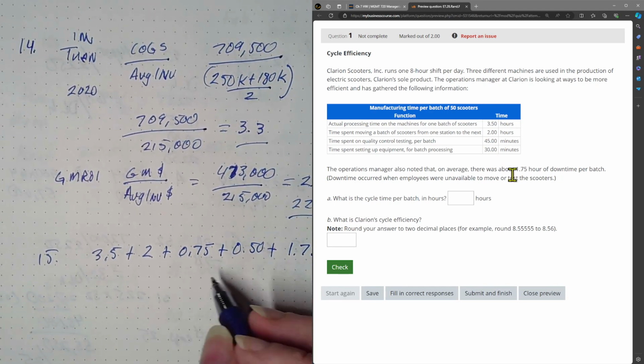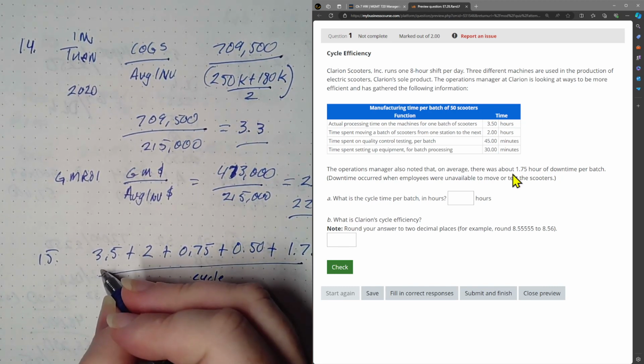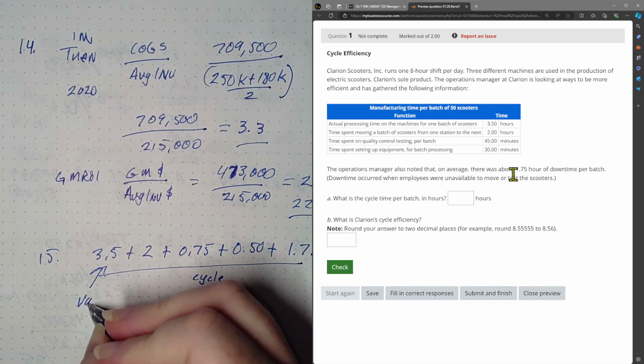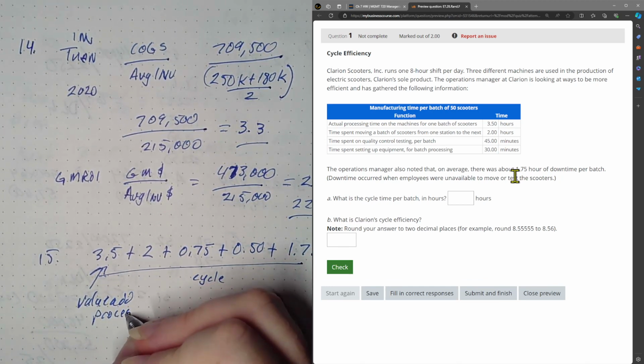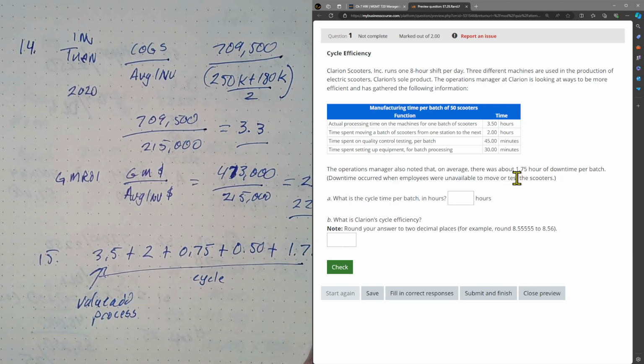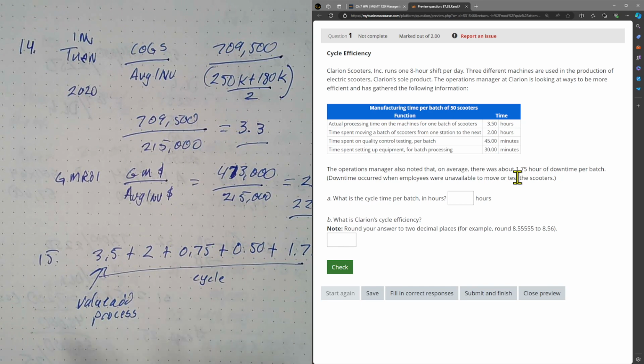So this entire amount is the cycle time, of which only this is the value add. This is the process time. And so we want to minimize this stuff so that the overall cycle time approaches 3.5. But let's see what's the total amount. 3.5 plus 2 plus 0.75 plus.